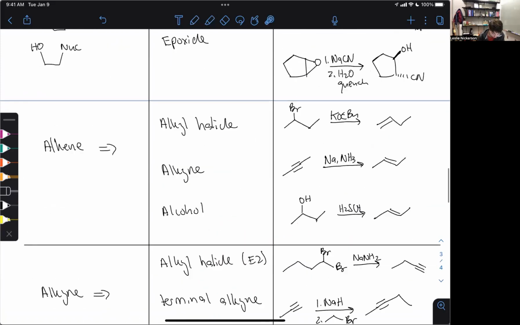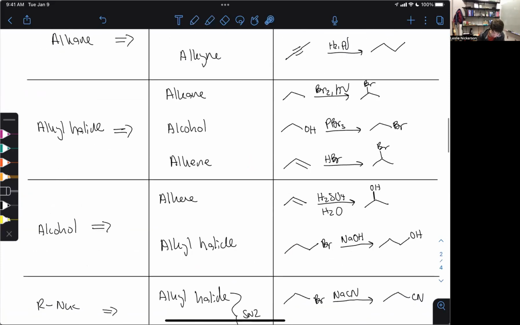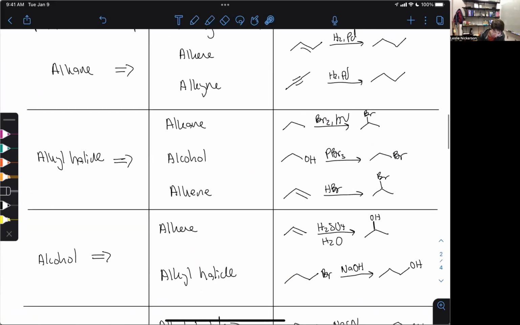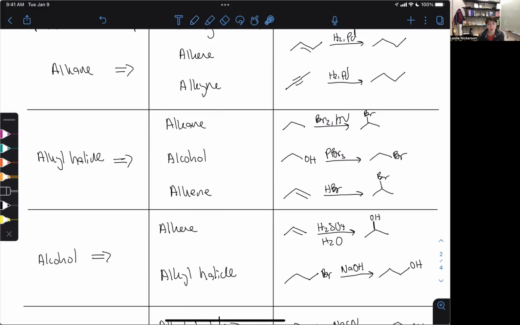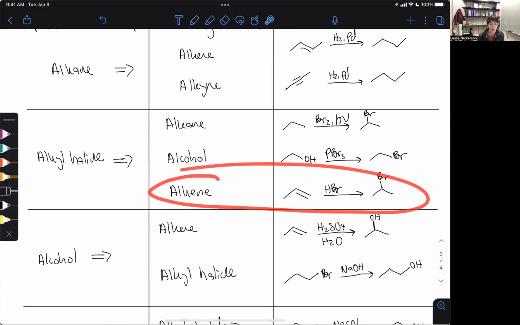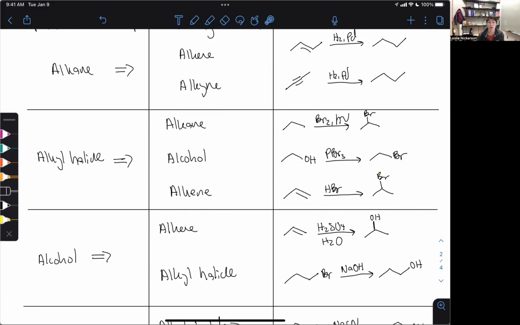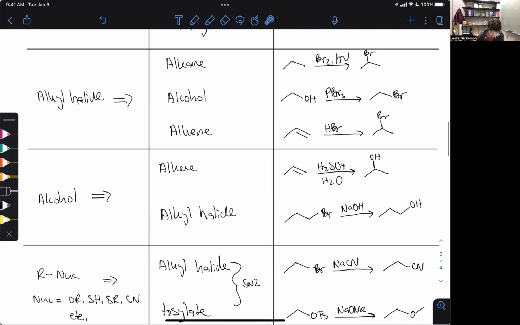So if I go to the alkyl halide section, I can have an alkyl halide from an alkane, from an alcohol, or from an alkene. I am given an alkene as my starting material. So any way that I can try to get this one to work, some sort of alkene starting material here, that's going to be really, really helpful. And again, kind of just make my life a little bit easier.